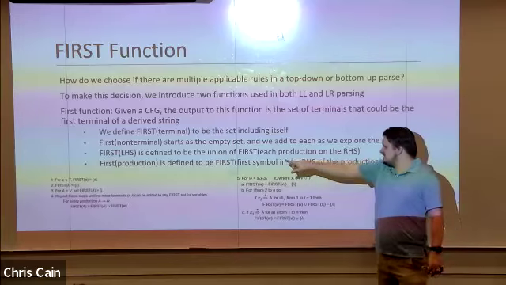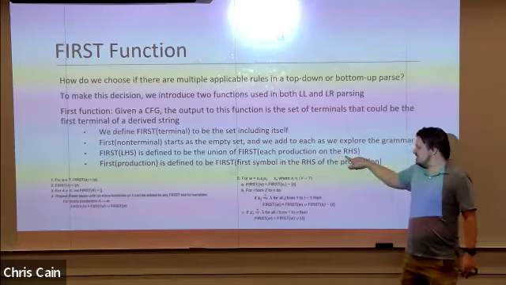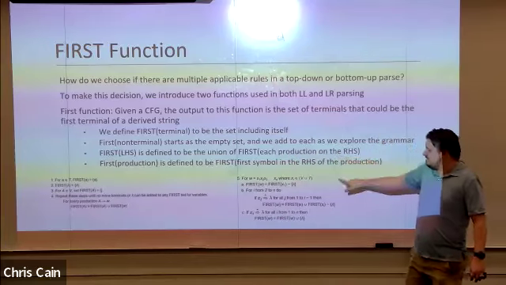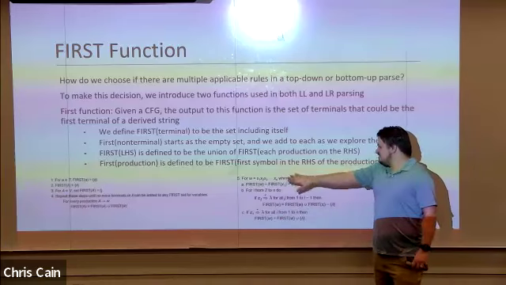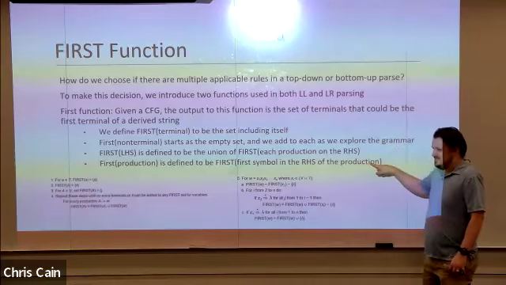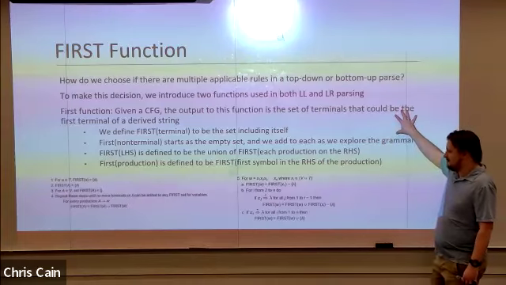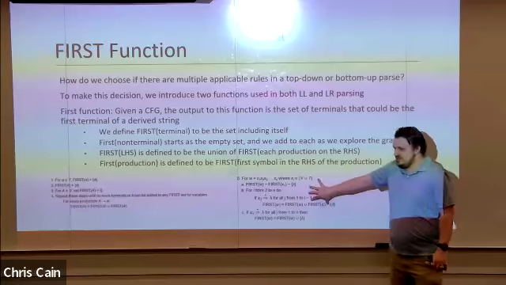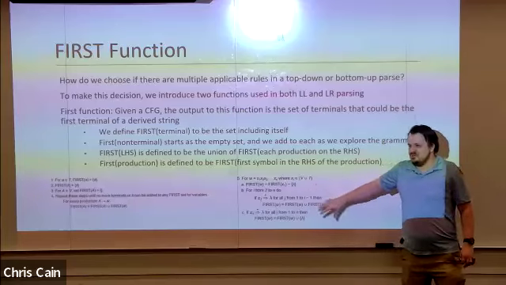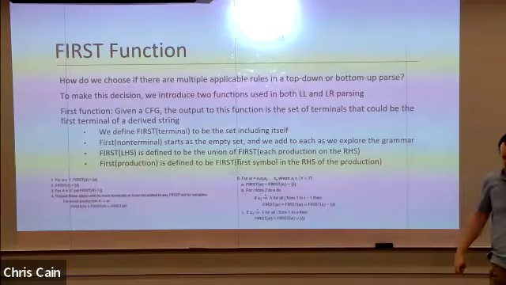The first of a left-hand side is the first of each production in the right-hand side. The first of a production is just the first symbol in the right-hand side of that production, which is the set of rules that we just looked at. So here's the algorithm. This is what I just went through in solving that. You can refer to this at any point to help you.